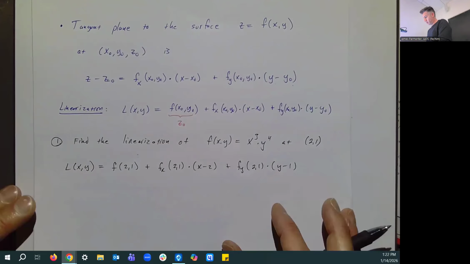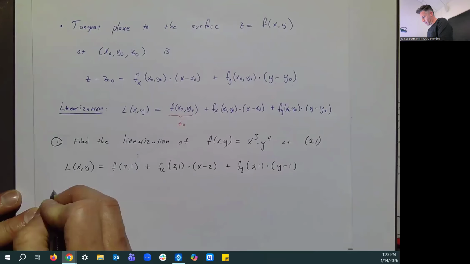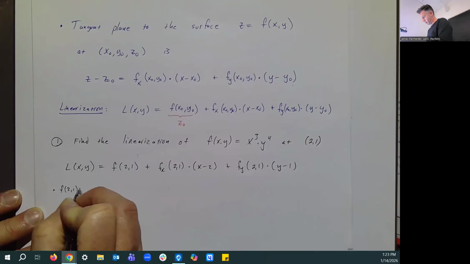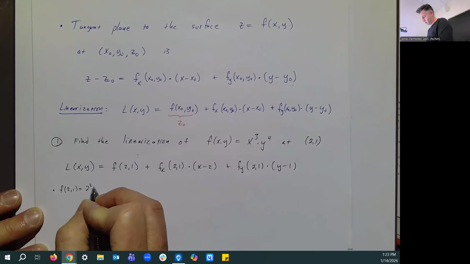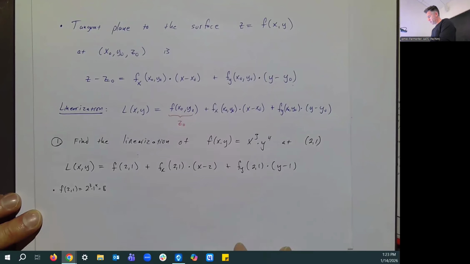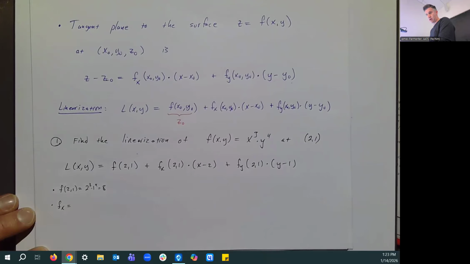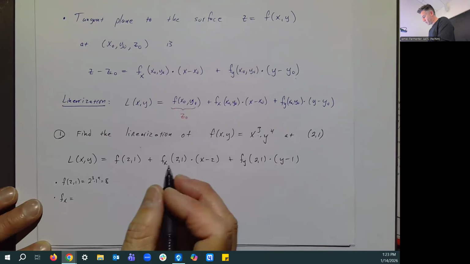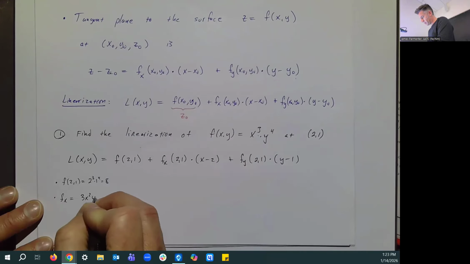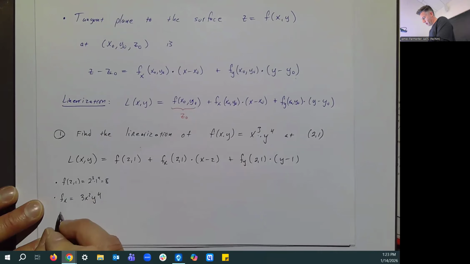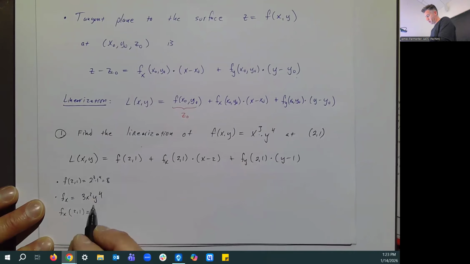Whatever. So off to the side here, my f of 2 comma 1 is going to be 2 cubed times 1 to the fourth, which is 8. Fx, the partial derivative with respect to x, is going to be 3x squared times y to the fourth. And when we plug in, our fx at 2 comma 1 is going to be 3 times 2 squared times 1 to the fourth, which is 12.